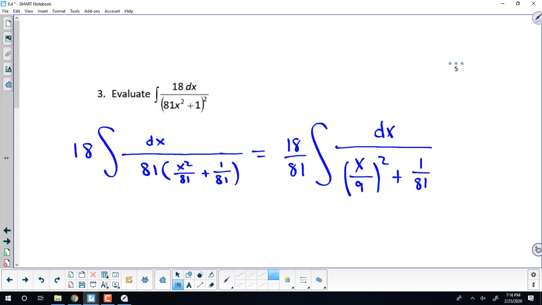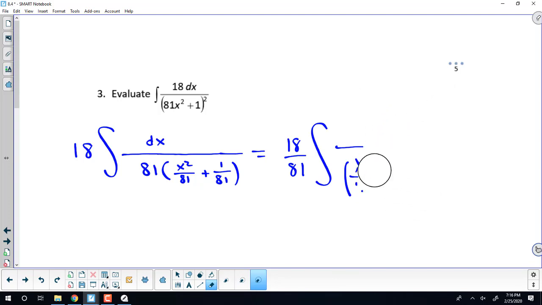The other ones we had, a square minus 1 or plus 1, had our trig Pythagorean identities applying directly to those. So it's probably not the best route to factor this 81 out, like we've done with the square roots and stuff. So let's reformulate that.